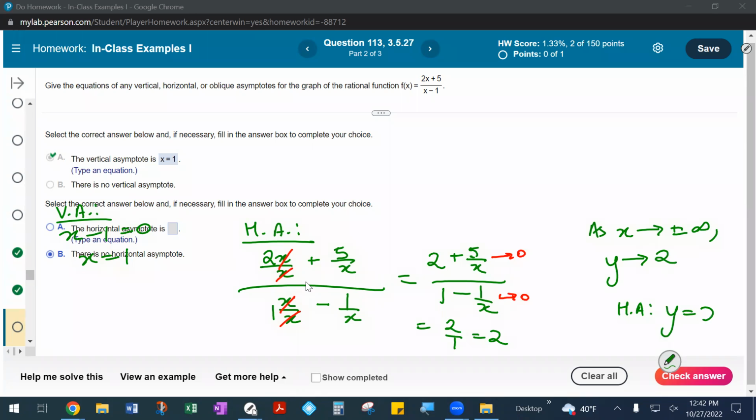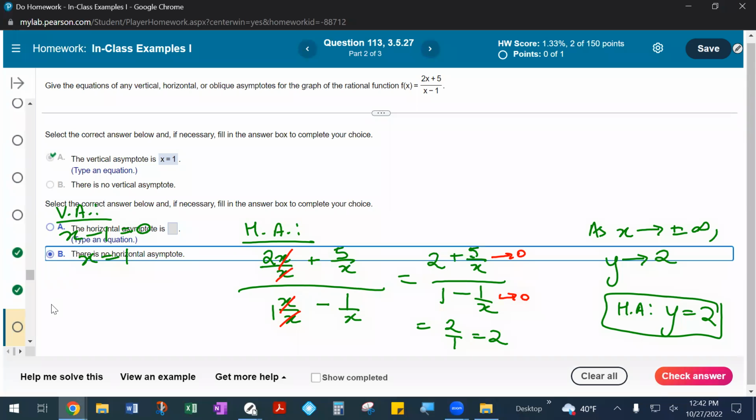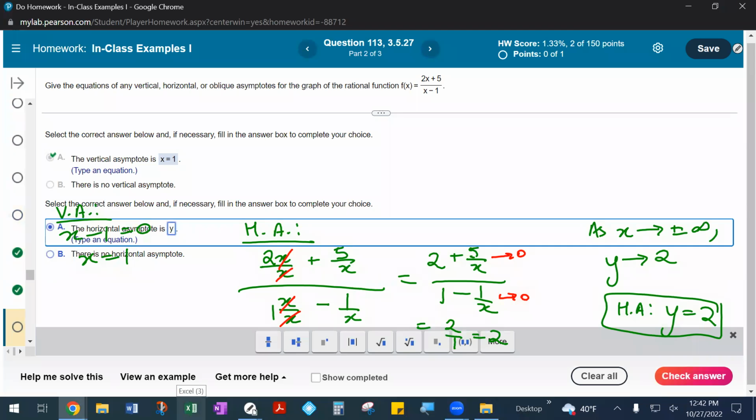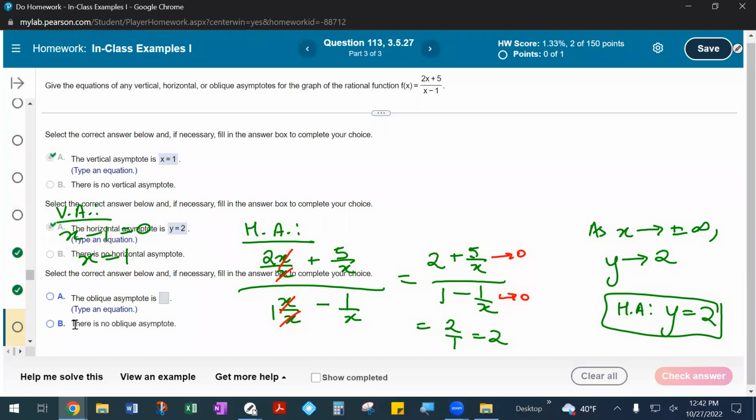So horizontal asymptote would be at the equation y equals 2. And then when it asks you for the oblique, you will of course say there is no oblique asymptote.